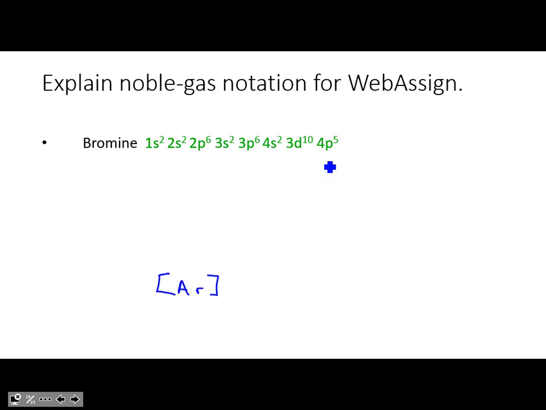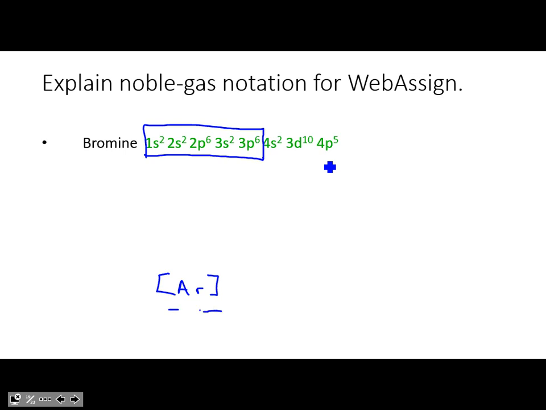Now, what that does is that takes care of all of this right here. Because if you look up on your periodic table, what element is 3p6? Argon, right? Argon, 3p6. So I have all of that taken care of with this right here.